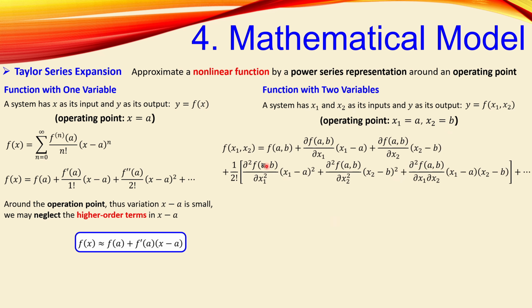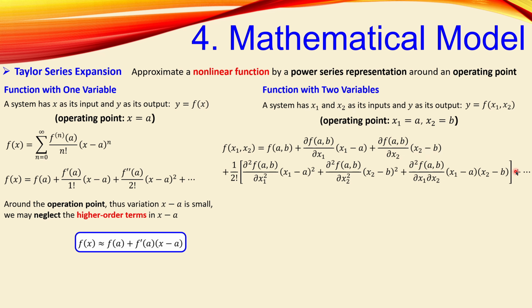Now it's different. Now the formula is a little bit more complicated. Now we have partial derivatives. So we have again x, a and b. We evaluate that function at a and b as we did for the function with one variable. Then you take the partial derivative of that function with respect to x1 and evaluate that again at a and b, and multiply by x1 minus a. You then differentiate your function partially with respect to x2 only, again evaluate that at the operating point, and multiply by x2 minus b, so specifically only b.